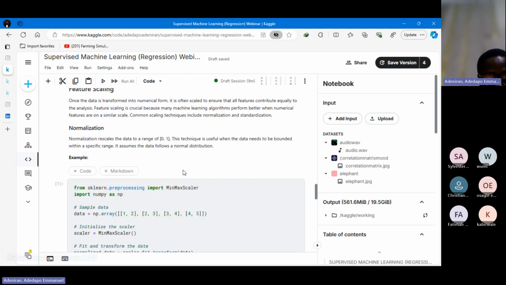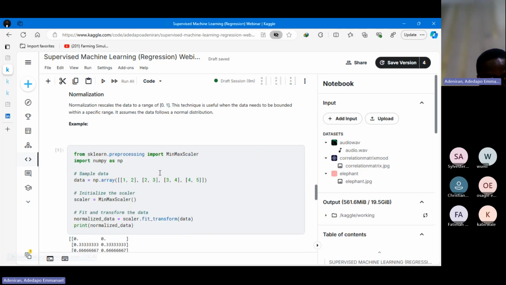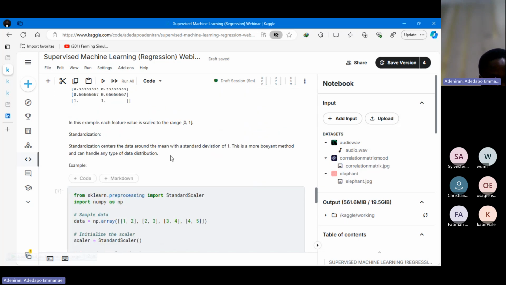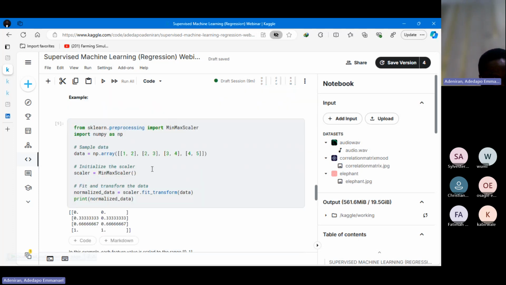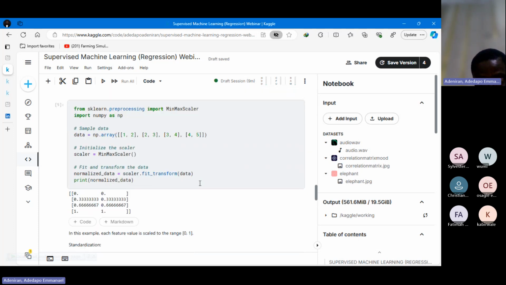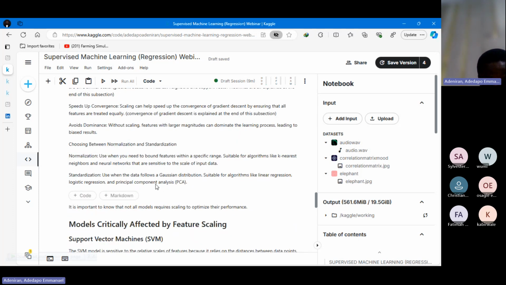So moving on to feature scaling, we've talked about normalization, and we've talked about standardization using the standard deviation, and normalization within 0 and 1, putting values between zero and 1. Although we need to understand something.